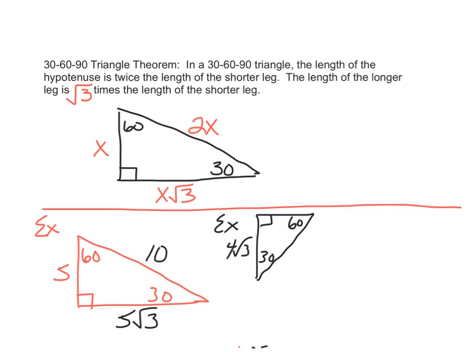Remember, opposite 60 is always x root 3. So what's x? Well, x would have to be 4, so this would be 4. And opposite 90 is twice that, so this would be 8. Okay, and there you go. We can get more and more challenging ones, but that's the basic gist of it right now. I promise we'll get into some more challenging ones.